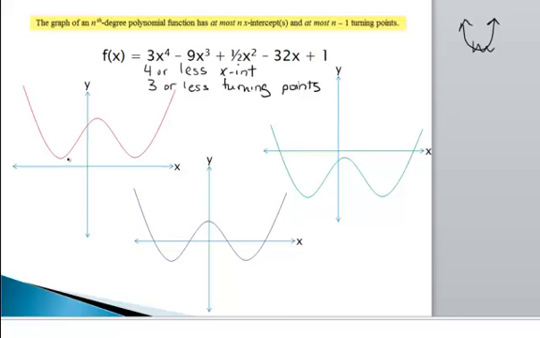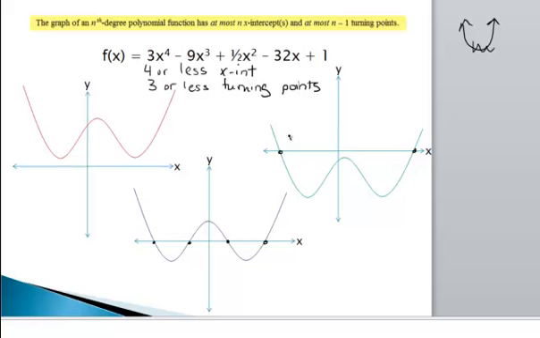But the turning points are still 1, 2, 3 turning points. This one has 2 intercepts, here and here, and it still has 3 turning points. This one has 1, 2, 3, 4 x-intercepts and 3 turning points.